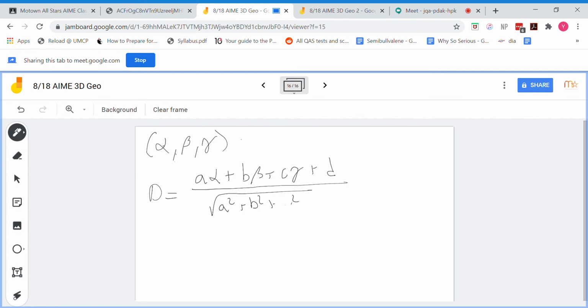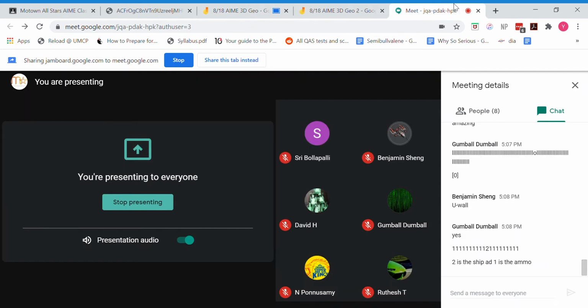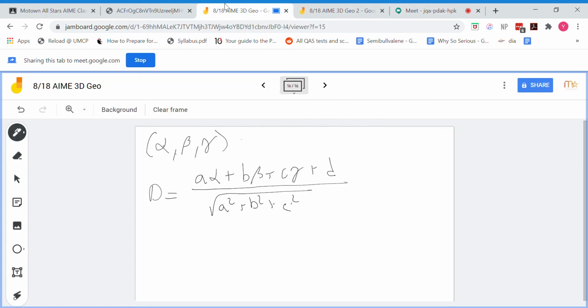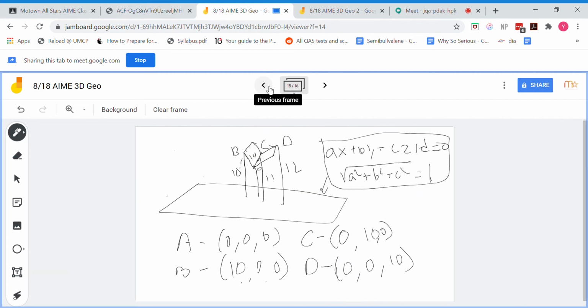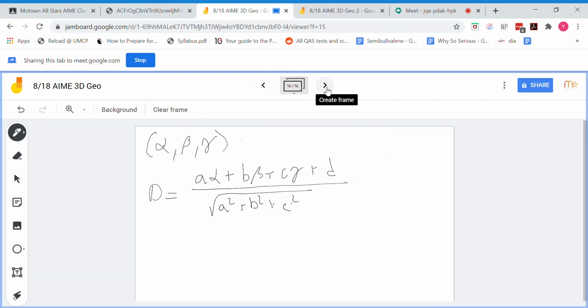The derivation is not that hard, but it takes a little time, so I won't go into it. Take this for granted. The easiest way to think of this is you simply plug the point into the equation of the plane, and then divide by the square root of a squared plus b squared plus c squared.